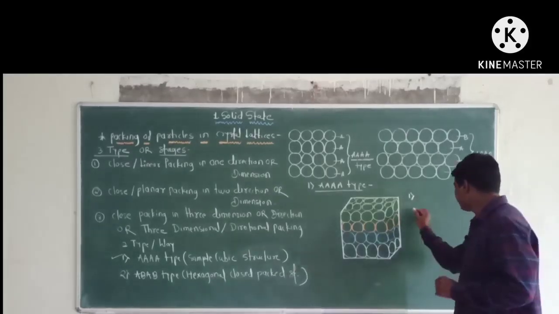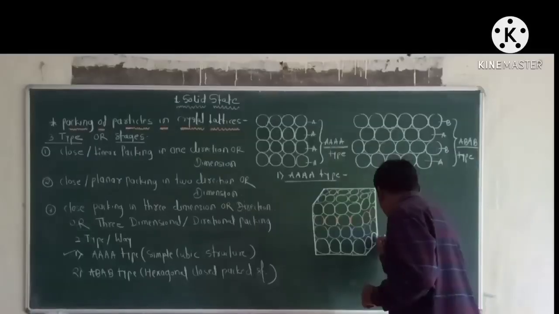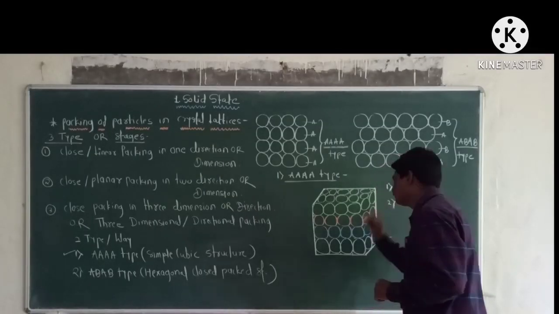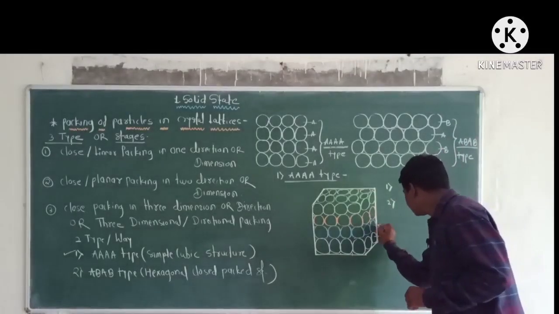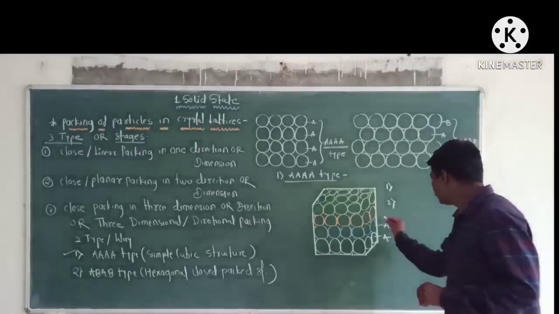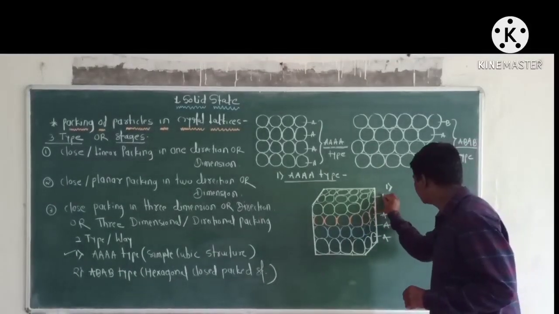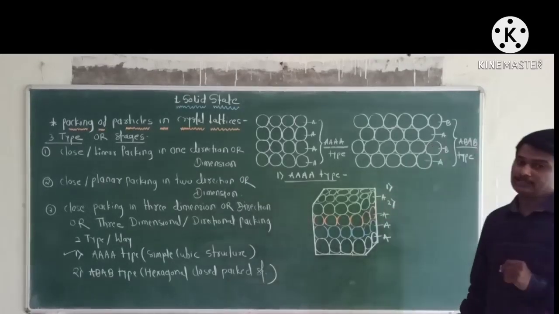Okay, now second point, in this packing the first layer is called A type, second layer is also called A type, third layer is also called A type and fourth layer is also called A type.